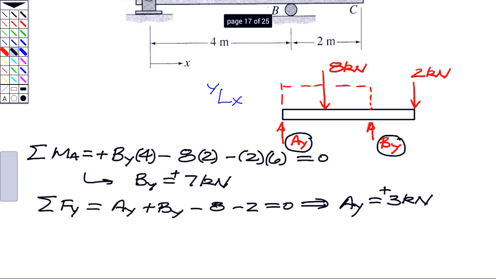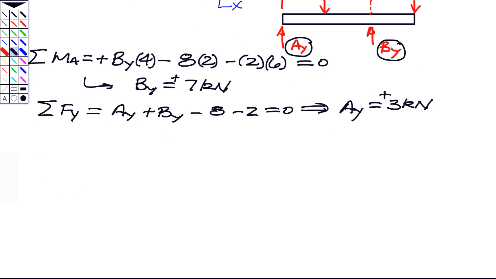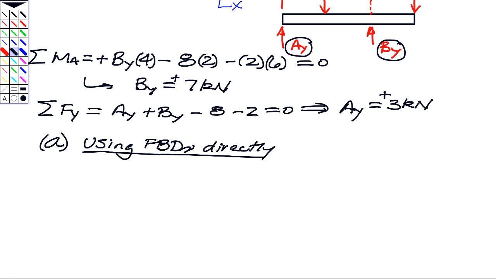So the first approach that I'm going to take is one where we use our FBDs directly. I'm going to break it up into two parts. Section AB will be the first part, and section AB, of course, is between the values of 0 and 4 for x.